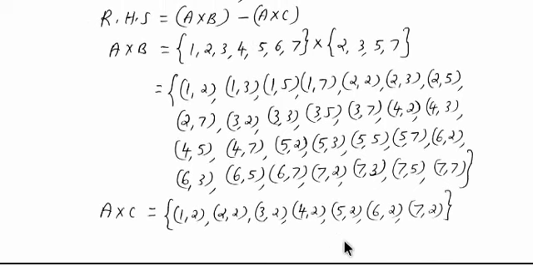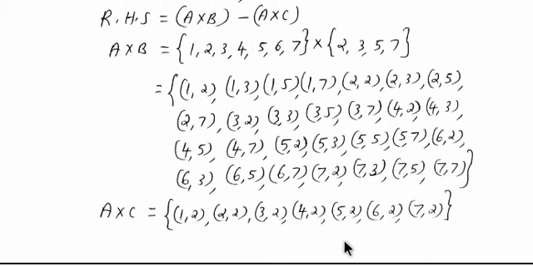Then 5, 2 and 5, 2 cancel. Then 6, 2 and 6, 2 cancelled. Then last 7, 2 and 7, 2 cancel. Then take the balance elements of the first set.